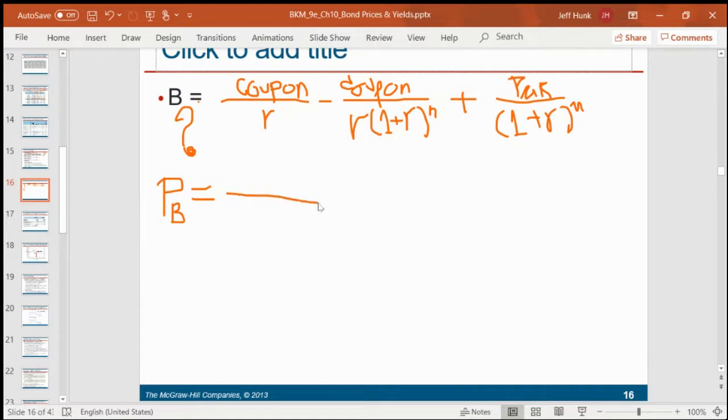Then I would write it like, coupon over y minus... It's so difficult to write. Let me copy this.